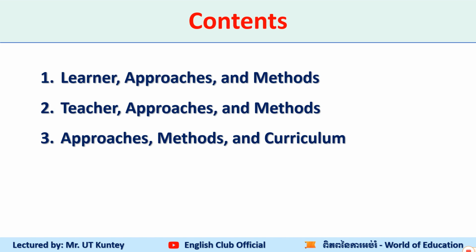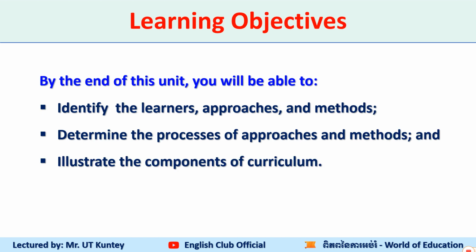So in this unit, we have to focus on these three contents. The first one is learning approaches and methods, number two, teaching approaches and methods, and the last one, approaches, methods and curriculum. And this is your expectation from Unit 5.